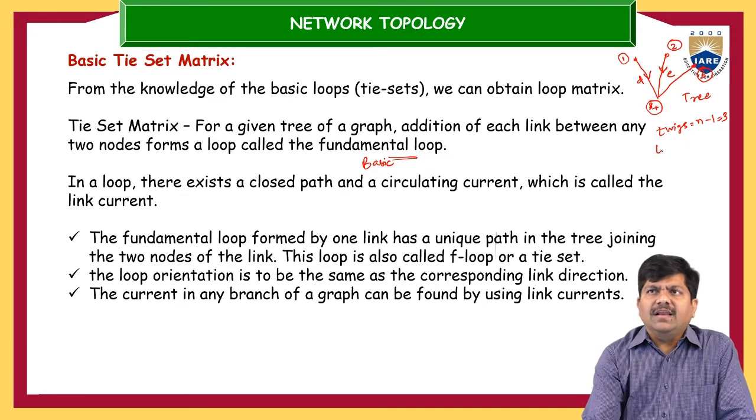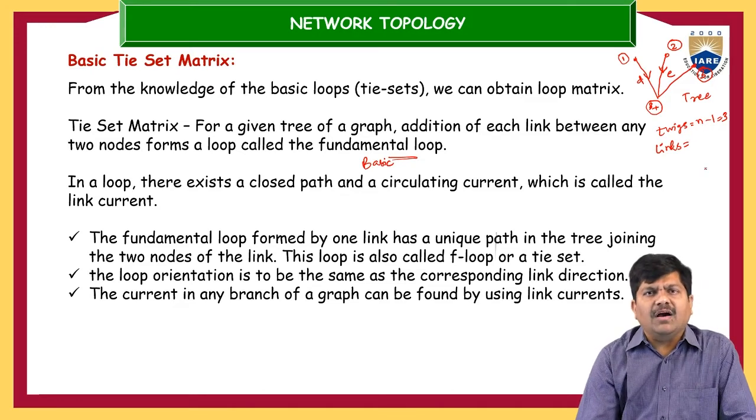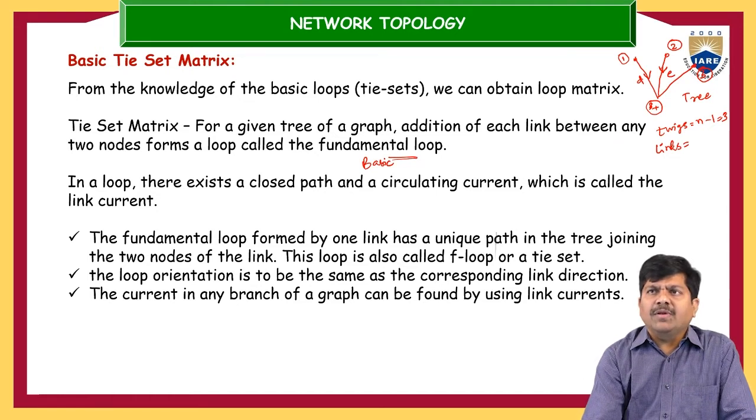Next is links. How are we going to identify the links? These are the sides that are not part of the tree, which we represent with discontinuous lines. The number of links is the total number of elements minus the number of branches.